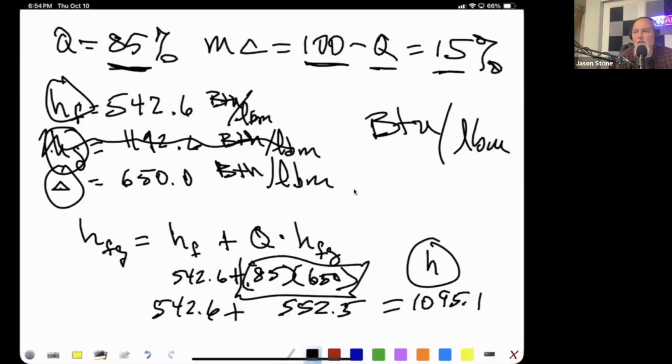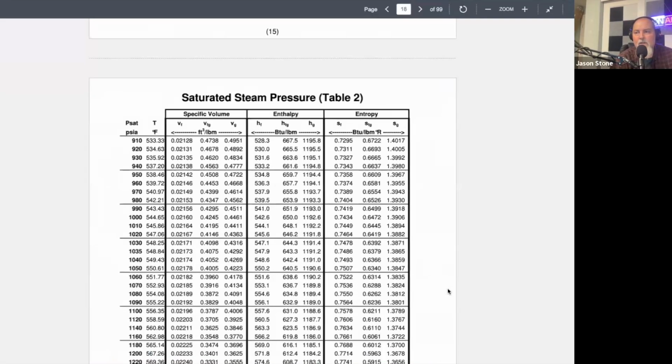Degrees of superheat does steam at 500 degrees Fahrenheit and 150 psi have? All right, so let's go new share, back to the steam tables. Let's look at number 11.